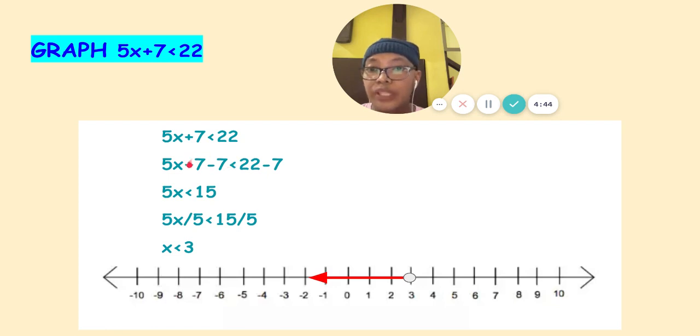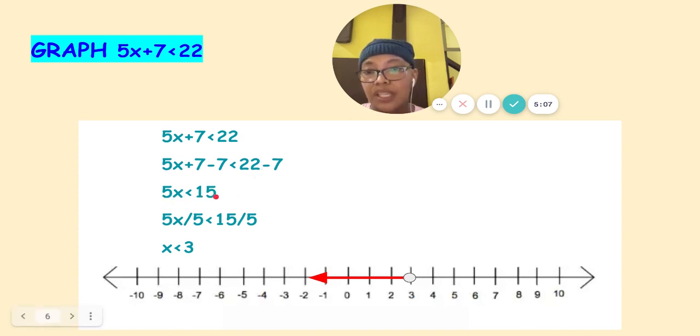So whatever you do on the left side, you do on the right side. You subtracted 7. Therefore, you will subtract 7 also on the right side. So you perform your operation. 7 minus 7 is 0. So 5x will remain on the left side. So 22 minus 7 is 15.